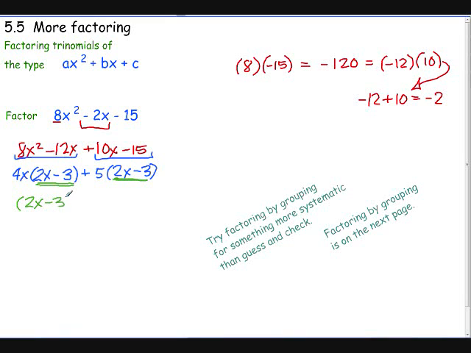You can only factor something out if it exists in both terms. When I divide each by 2x minus 3, I'm left with 4x plus 5. Now, isn't that a wonderfully easy, systematic way, rather than the old guess and check?